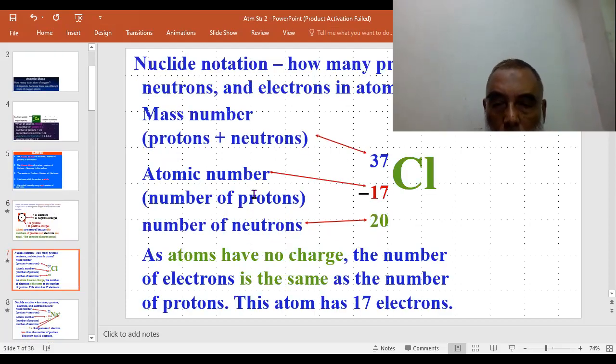In chlorine, there are 17 protons, and it can take another electron to become chloride ion. In a neutral atom, there are 17 electrons, 17 protons, and so there should be 20 neutrons in chlorine 37.